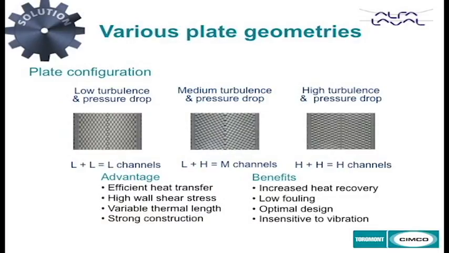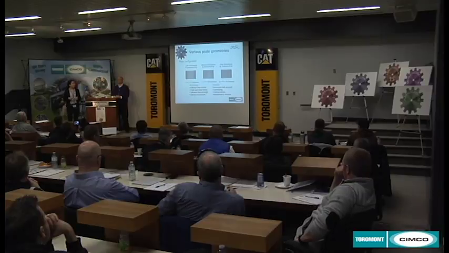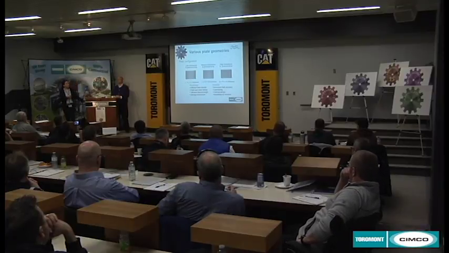If we put together one low turbulence and one high, we form an M channel, and this will help us to design a specific heat exchanger for your application. So we balance the turbulence we need to achieve the heat transfer and the pressure drop that the heat exchanger will cause in the system.